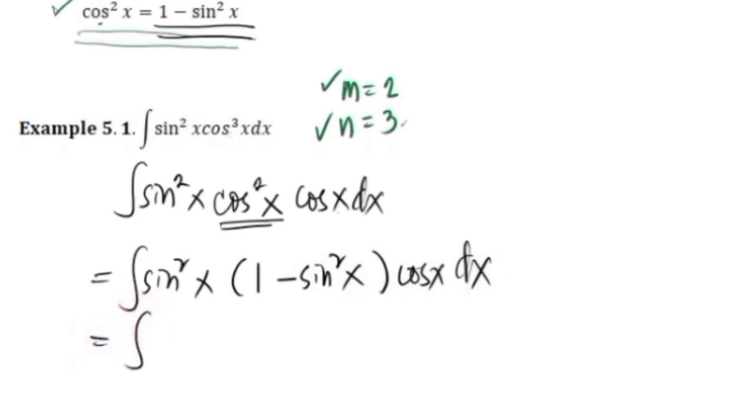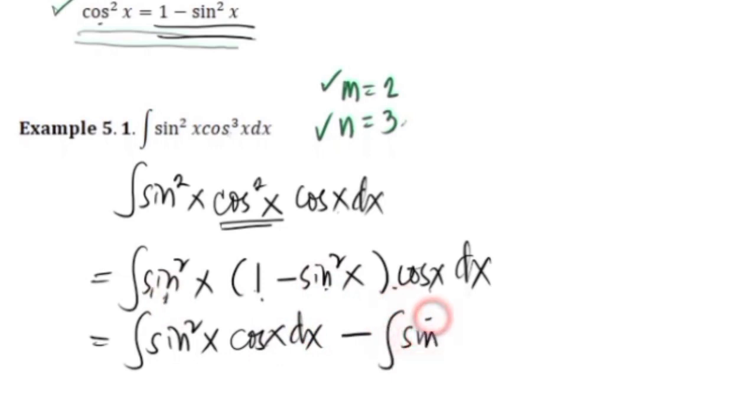So, this would give you sine squared x. This is sine squared times 1, but we have to multiply also the cosine x dx here. So, that would be cosine x dx minus sine squared times sine squared, and that would give you the integral of sine to the fourth of x multiplied by cosine x dx.